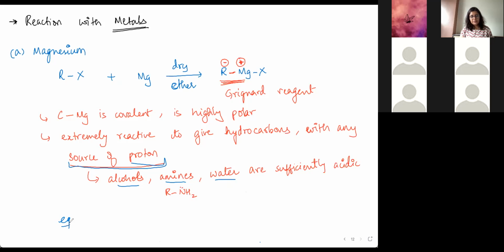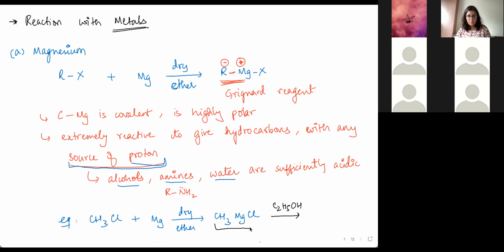So, for example, if I have CH3Cl and make it react with magnesium in dry ether, you get CH3MgCl. And even if I treat this with C2H5OH, alcohol is not acidic, but this compound is strong enough to pull the H from this.